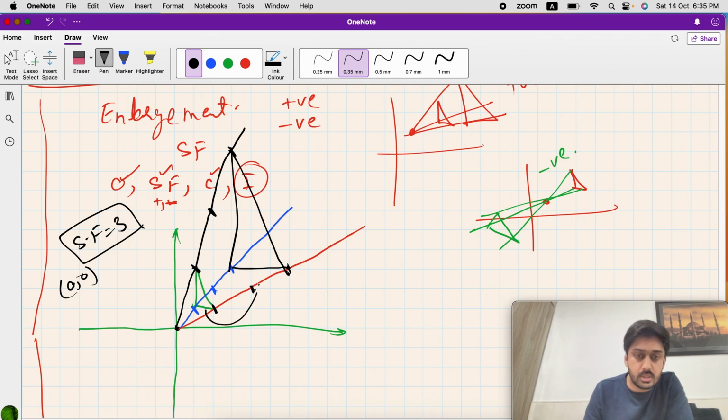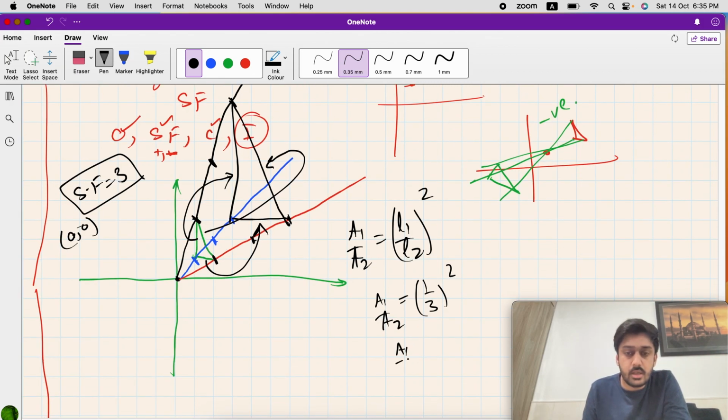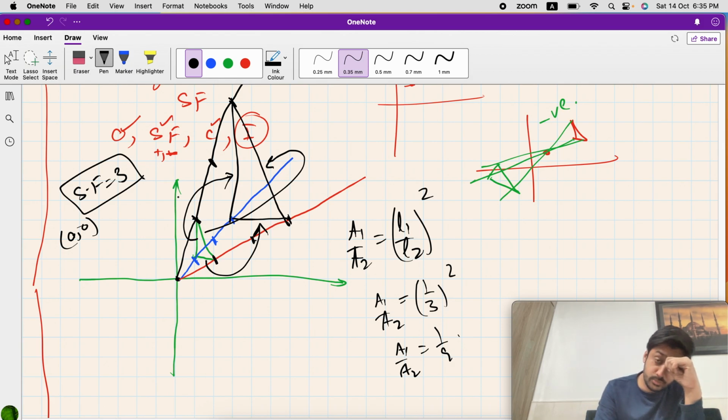You can see this length is now 3 times longer, this length is now 3 times longer, and this length is now 3 times longer. You can also apply this formula, A1 by A2 equals L1 by L2 whole squared, similarity, and the ratio would obviously be 1:3. So we can rightly say their areas are in the ratio 1:9. So this is positive enlargement.